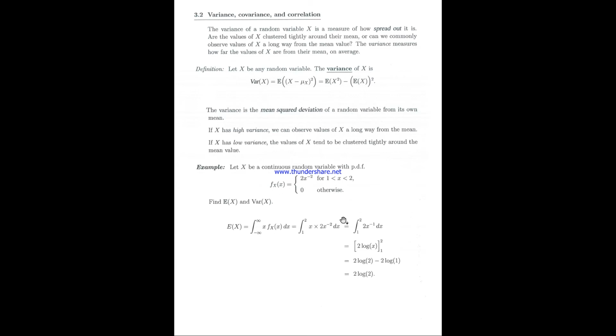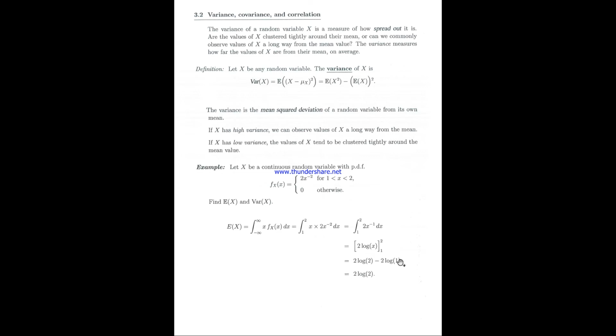So when you simplify the function, you have 2 times x to the power minus 1, that is 2 times 1 over x, right? So when you integrate 1 over x, you can write it as log x, and then you can substitute the range, that is 2 times log 2 minus 2 times log 1.